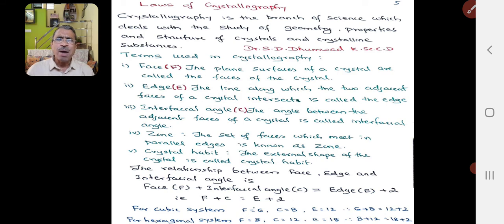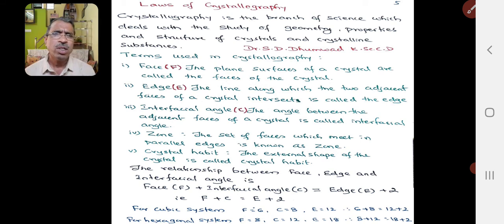Take another example, the hexagonal system. In the hexagonal system, we have 6 angles at the top and 6 at the bottom. Totally, how many faces are there? The 6 faces, and top and bottom, so 8 faces are there in the hexagonal system.